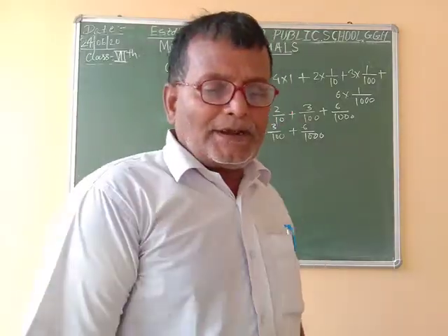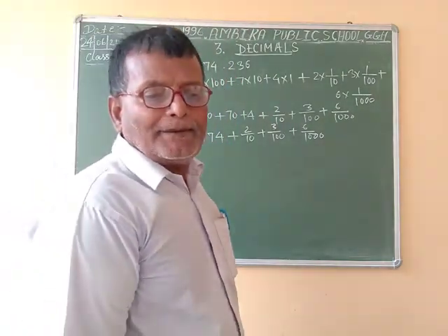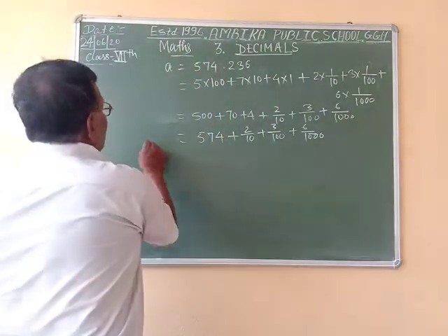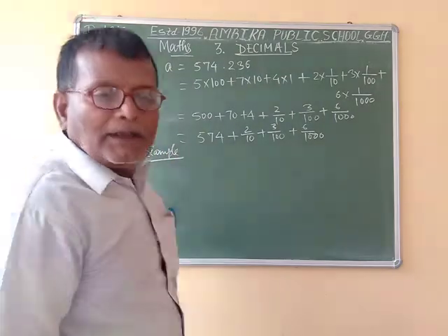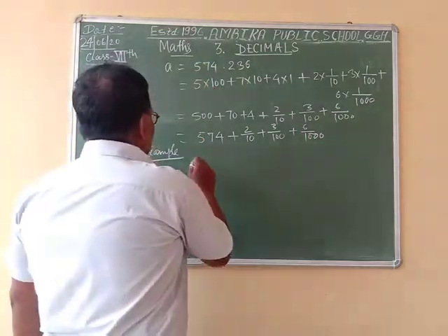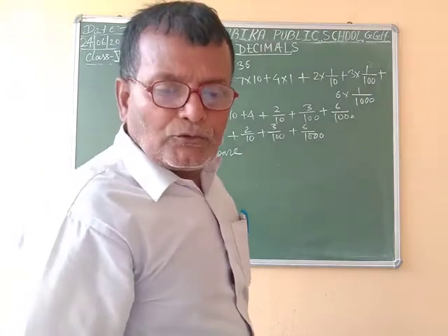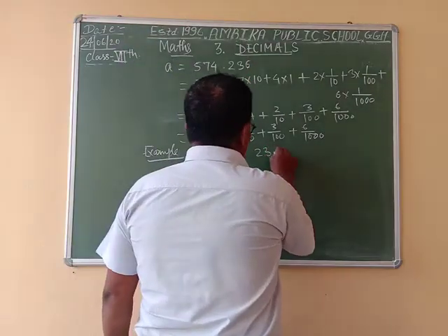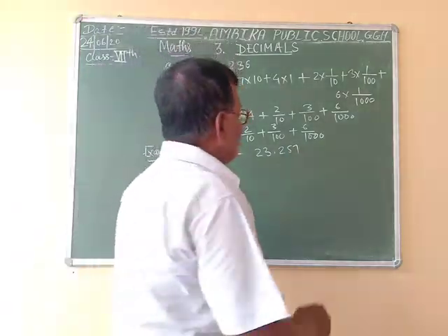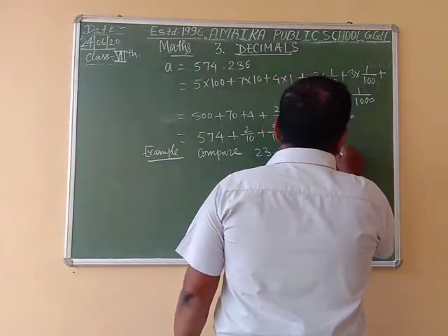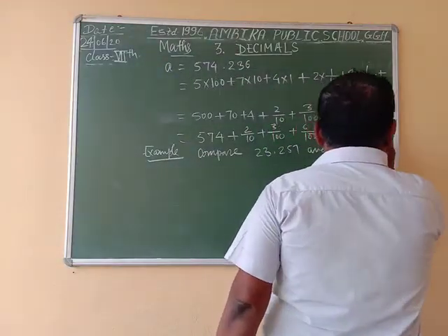We are given two numbers. Example: compare 23.257 and 23.258.